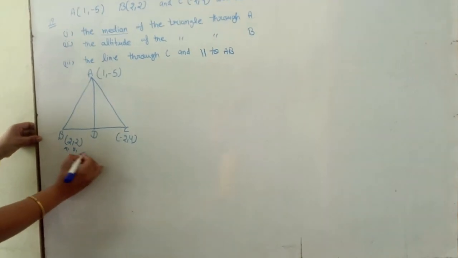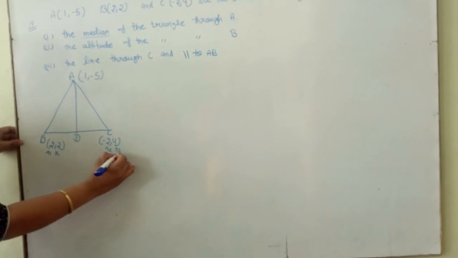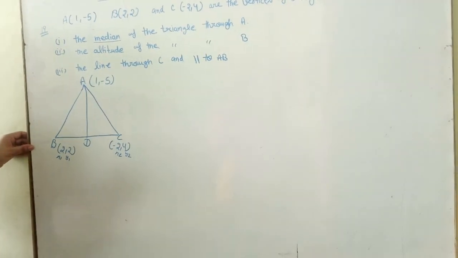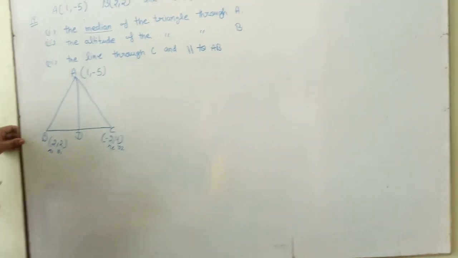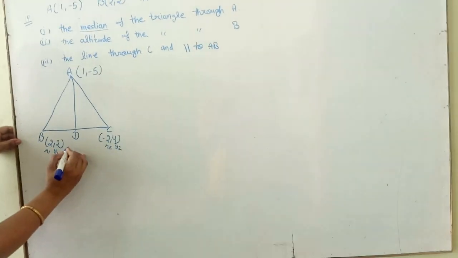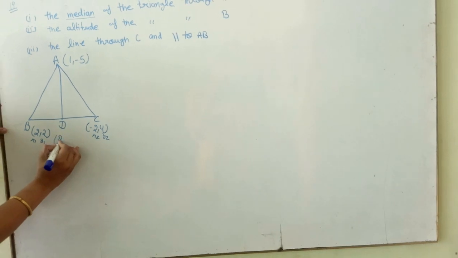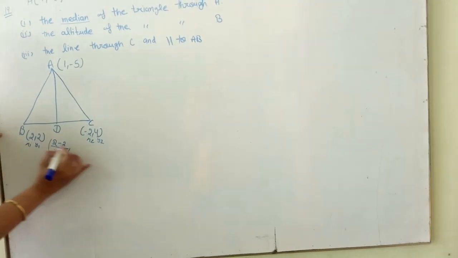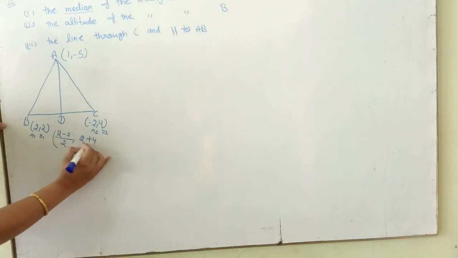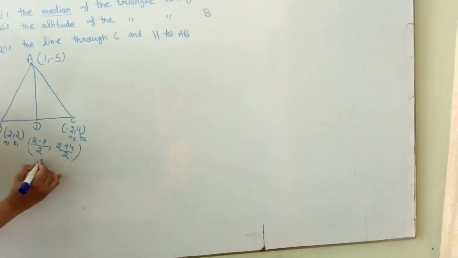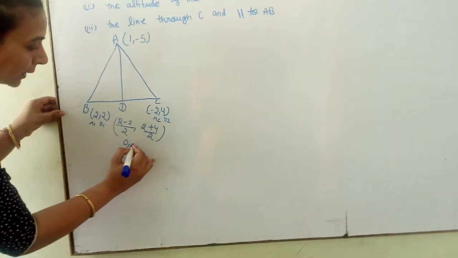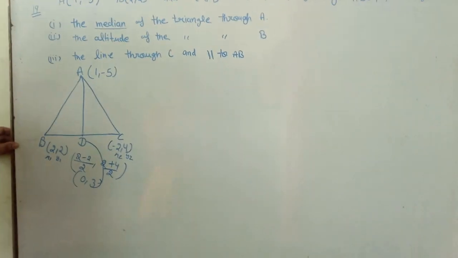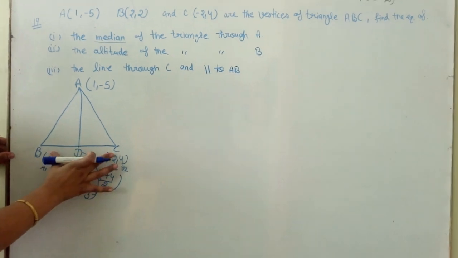With points x1, y1 and x2, y2, by the midpoint formula, x1 plus x2 divided by 2, y1 plus y2 divided by 2. So 2 plus minus 2, divided by 2, and 2 plus 4 divided by 2. Then 0 and 6 by 2, which is 3. Coordinates of D are 0 and 3. D is the midpoint of BC.